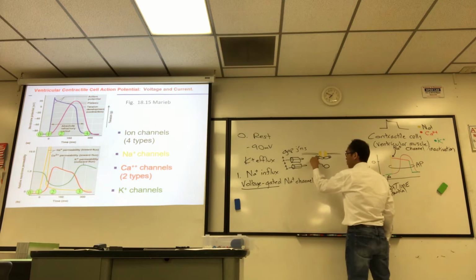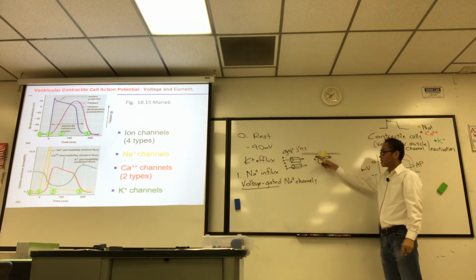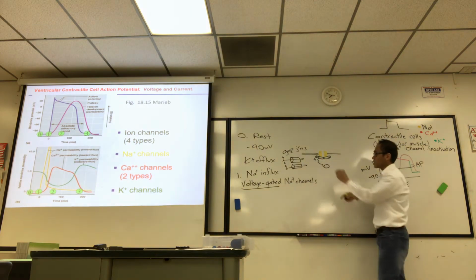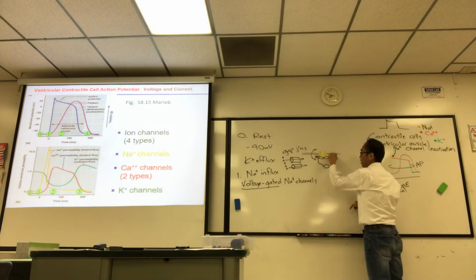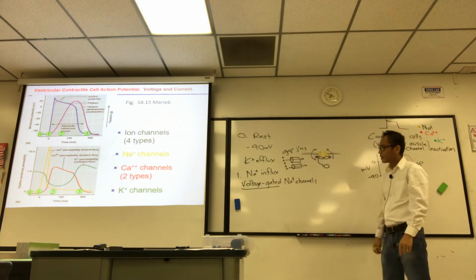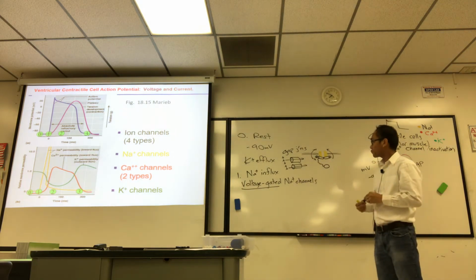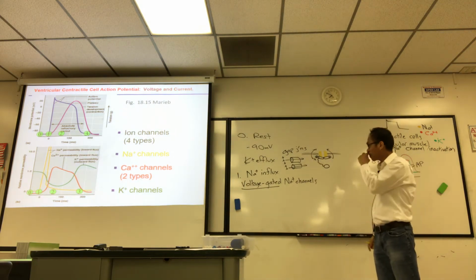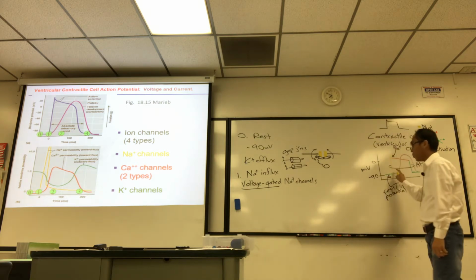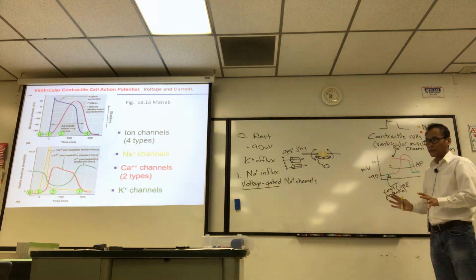When those positive charges get close to that positive charge in the gate, positive repels each other. So that swings the gate this way. So that way the gate opens. Okay, so that's what you have to understand. And you get this huge sodium influx, and that causes the depolarization. Okay, that's all I want you to understand.